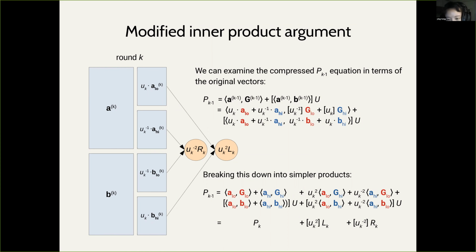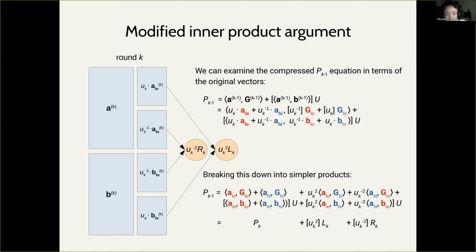So we're taking the inner product of A low and G high from different halves, and A low and B high. And we can call these cross terms LK and RK. And for every round, we're going to get two cross terms like these. And these are scalars, by the way, they're inner products. So that was round K.